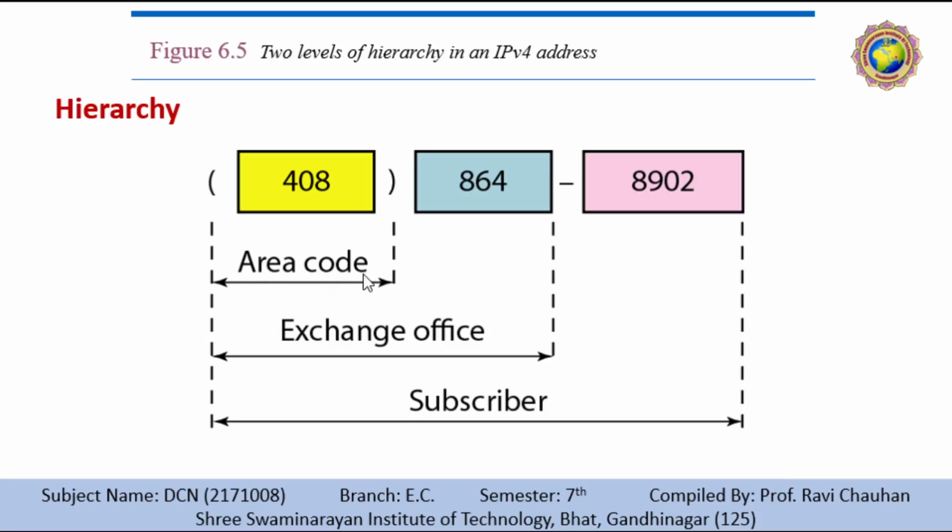The next 3 digits define the exchange office, and the last 4 digits define the connection of the local loop to the central office. This figure shows the structure of a hierarchical telephone number. So the first 3 digits are the area code, then the exchange office number and the subscriber number.